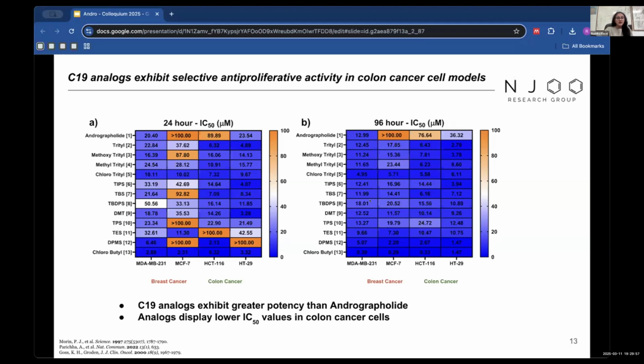Overall, compound 13 exhibited about 1 to 2 orders of magnitude greater potency compared to the parent compound. Also importantly, all of our compounds generally had lower IC50 values in the colon cancer cells as opposed to the breast cancer cells, showing some level of cell line selectivity.